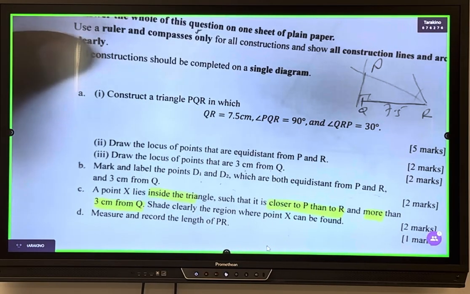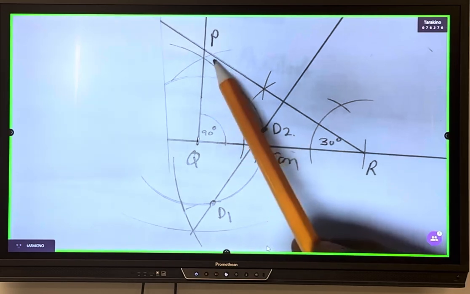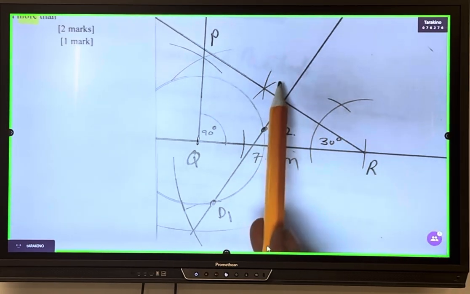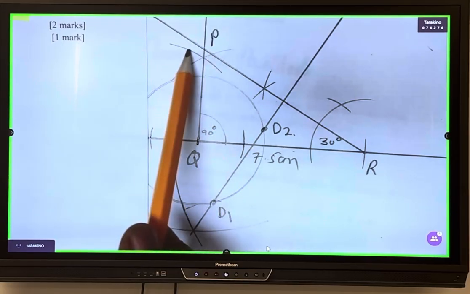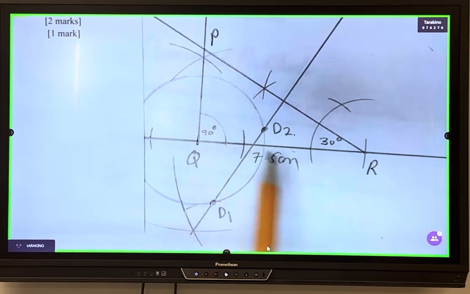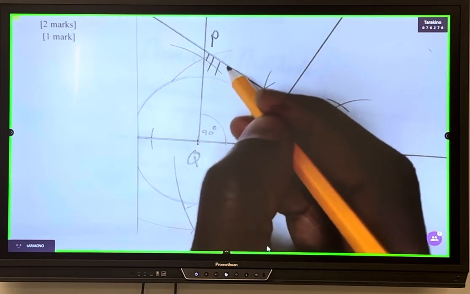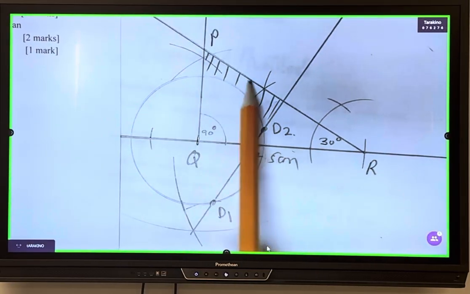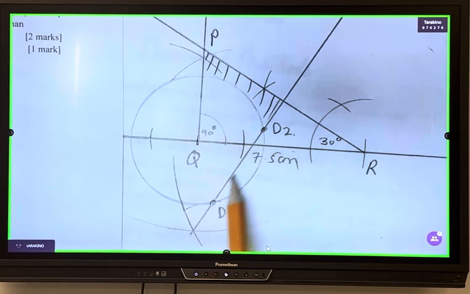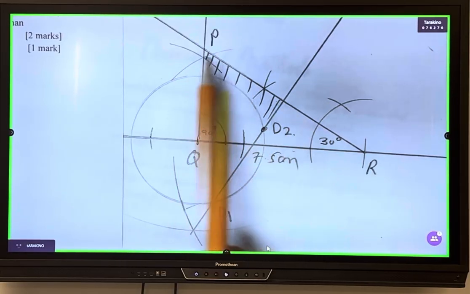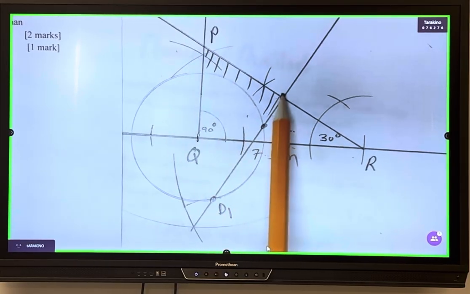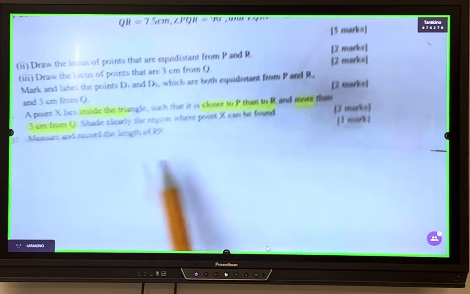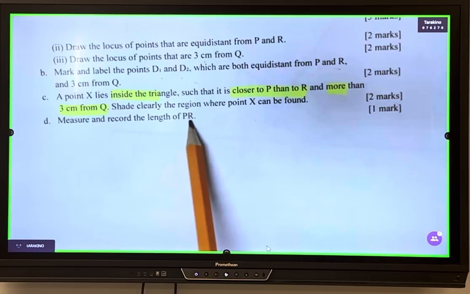Closer to P means it is on this side here. So it's this whole section here. As you can see, this section is inside the triangle, more than 3 centimeters from Q, and closer to P than to R, so it must be on the other side of the perpendicular bisector. Then we are done with that part.